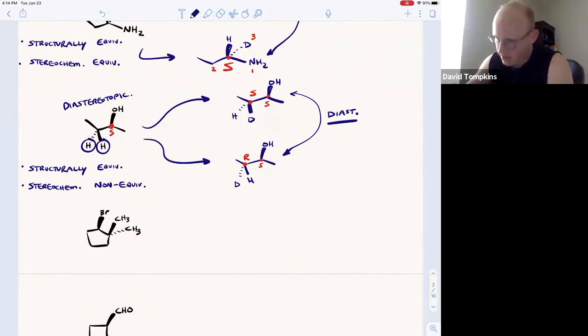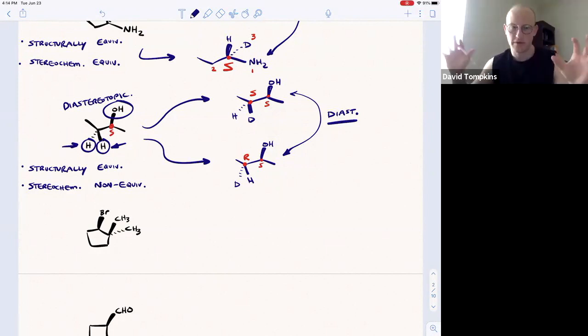Because the front face has the hydroxyl, okay? And this hydrogen here is also closer to the hydroxyl in space, or it's gauche to the hydroxyl, whereas the other hydrogen is anti. So they have different dihedral angles relative to the hydroxyl, and therefore they are stereochemically non-equivalent.